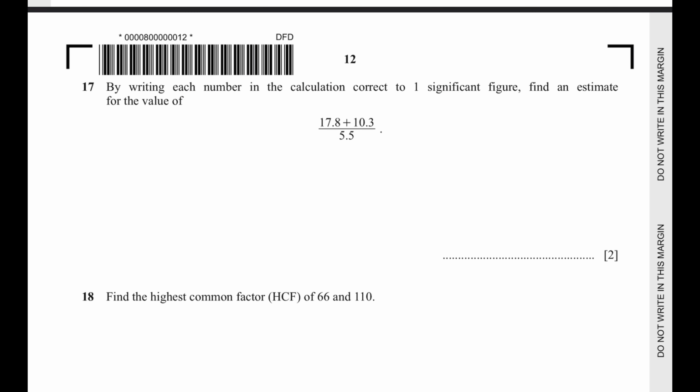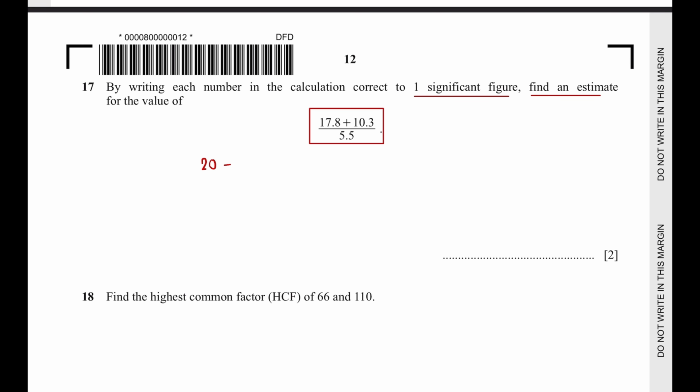Question 17. By writing each number in the calculation correct to one significant figure, find an estimate for the value of 17.8 plus 10.3 divided by 5.5. So the estimate of 17.8 is 20.